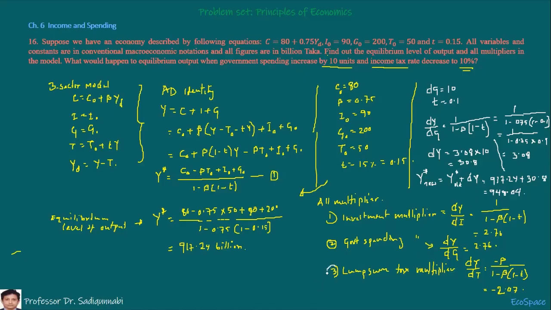In this, we forgot one multiplier here. Multiplier number 4 is the balanced budget multiplier. This balanced budget multiplier is when dg equals dt.